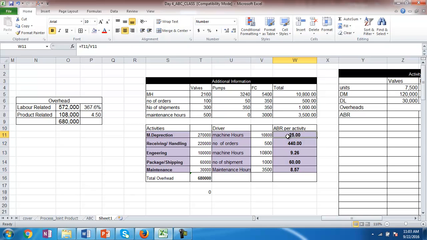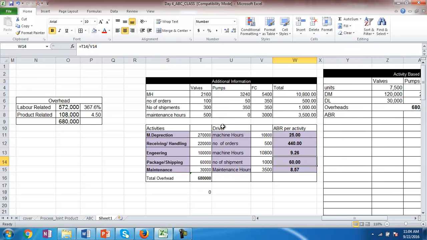So 25 rupees per machine hour is charged for depreciation. 440 per order is the receiving and handling cost. 60 rupees is the cost of shipping and packaging. So for each activity we try to find the activity driver, then an activity based absorption rate. Now using this we will find the cost of each product.